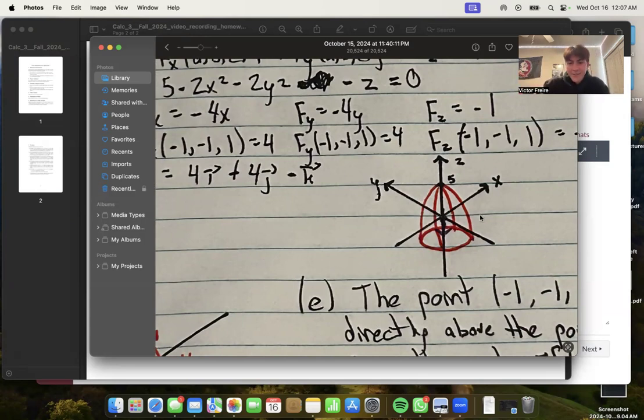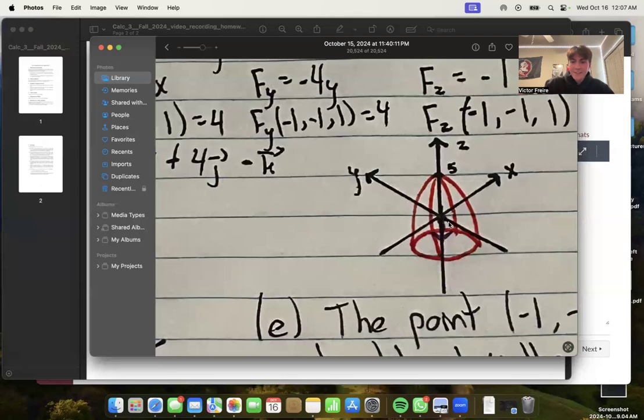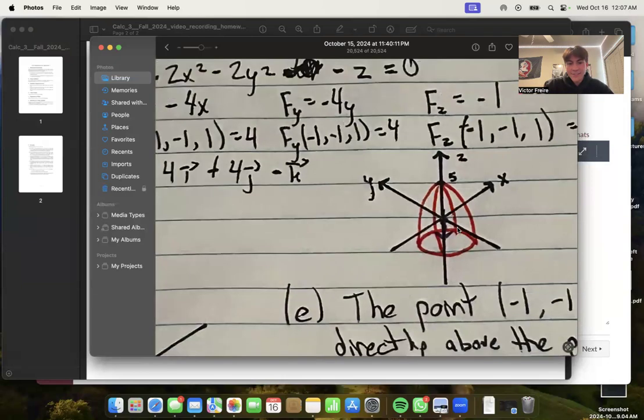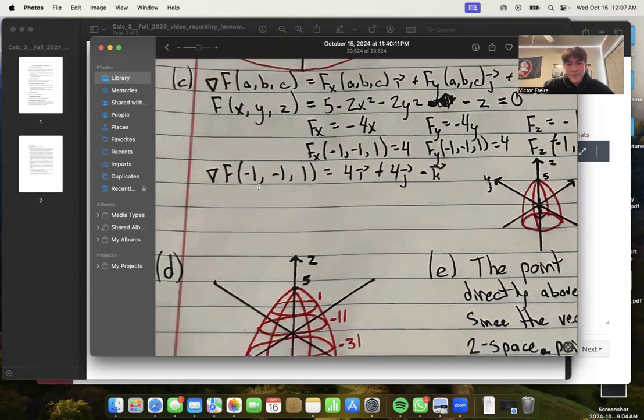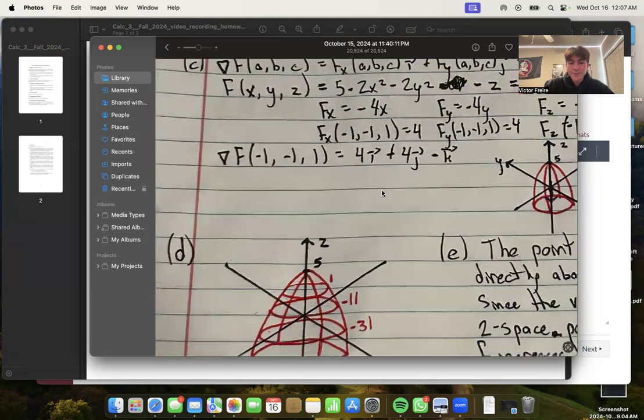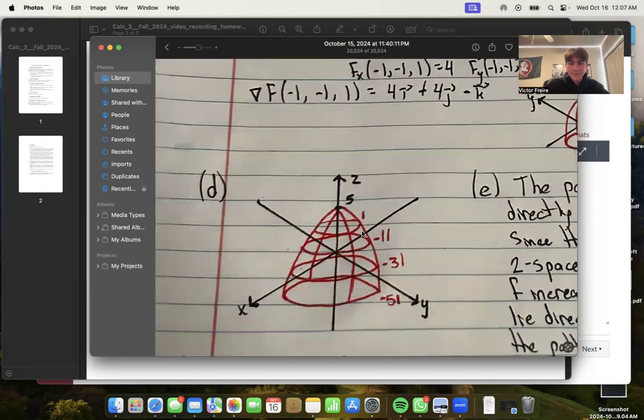This is very hard to explain, but it's just going inside of it, essentially. And then this is the x component of the vector, the y component, and then the z component, right? The vector starts at the point -1, -1, 1, right? Hopefully you guys understood that.